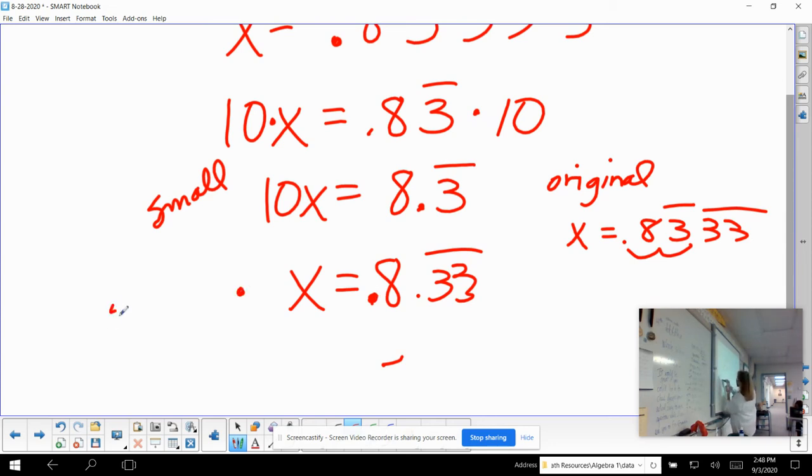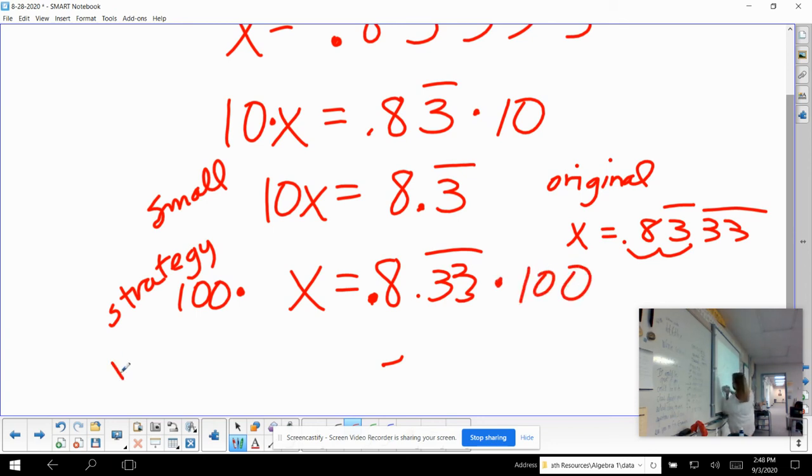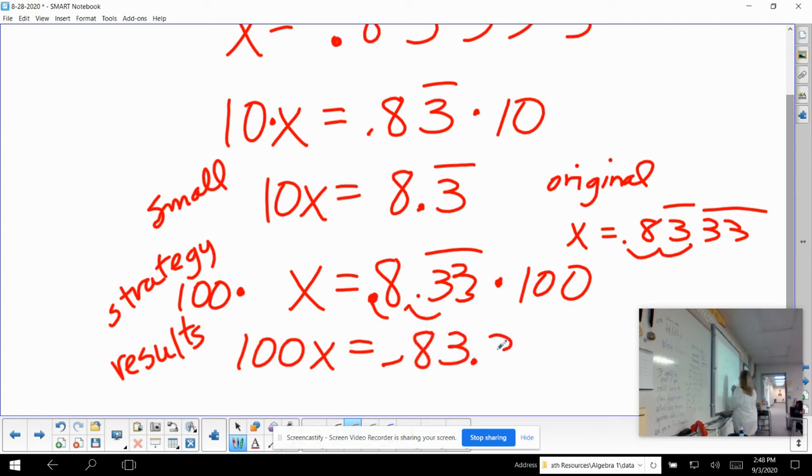So our strategy is 100 times x. This means 2 moves. So our result is 100x, and this will move over 2 places, so it's 83. Then all the 3's are over there, but we have one of the repeaters on the left. So that's our large equation.